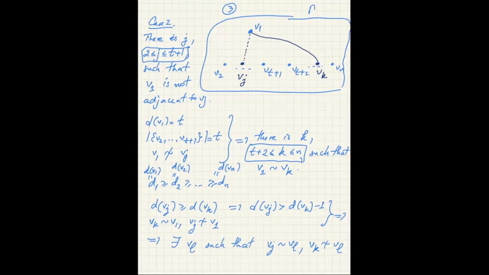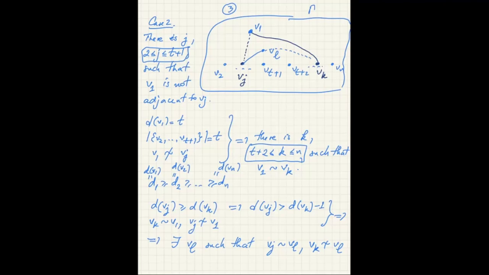So there is some vertex, let's say this is VL, such that Vj is adjacent here, but this vertex is not adjacent to Vk.